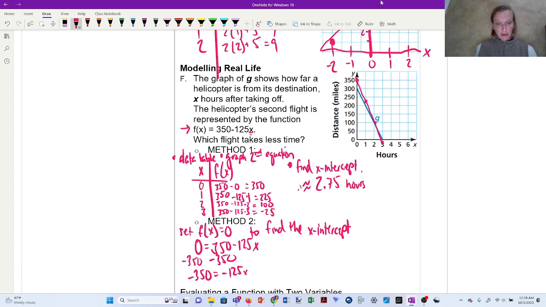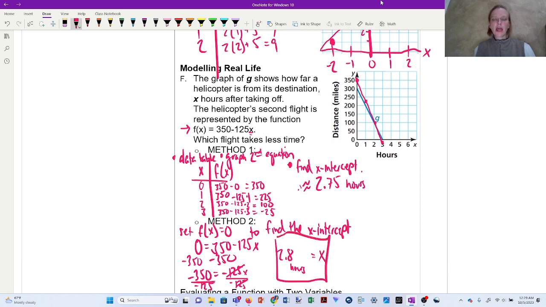Again, my goal is to get x all by itself. So I'm going to divide both sides by negative 125. And when I do that, these numbers on x cancel out. So I'm left with just x on the right-hand side. And negative 350 divided by negative 125 is 2.8 hours.